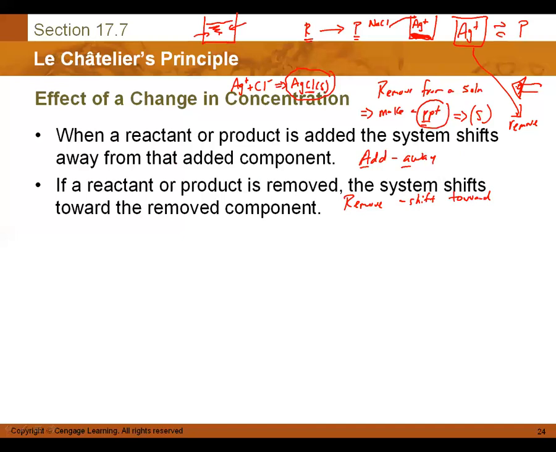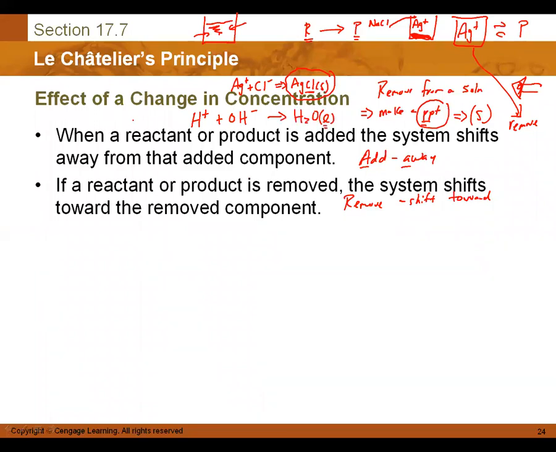Another common way you could remove something from a solution, which is a little harder to see. Now, making a precipitate is typically very easy to see because you'll actually see the solid in the solution. But another way that we can sometimes remove something from solution is when H+ and OH- come together, and that makes our good friend water. And water is a pure liquid, which, if you remember, also is not included in the equilibrium.